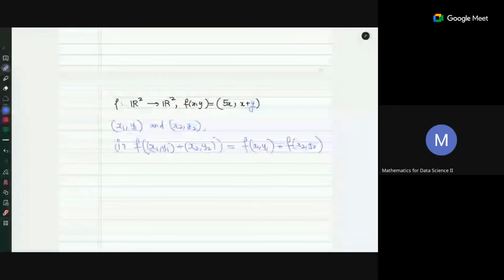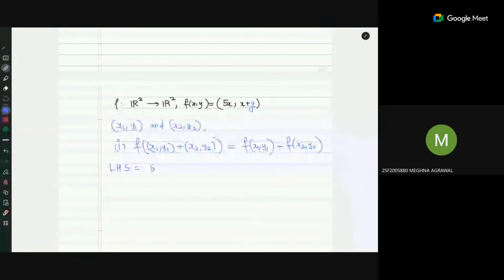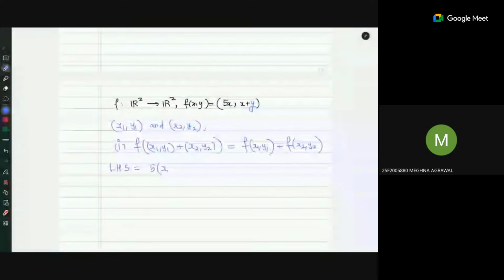So what is the left hand side? It will become 5 times x1 plus x2. First do the addition.